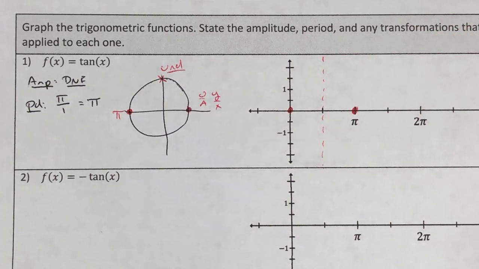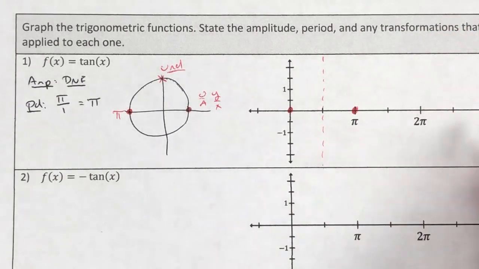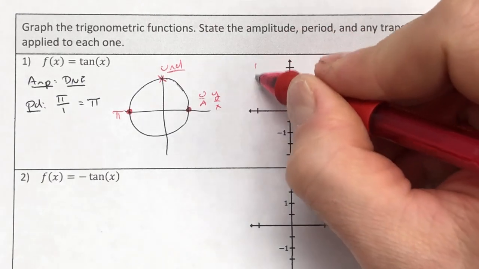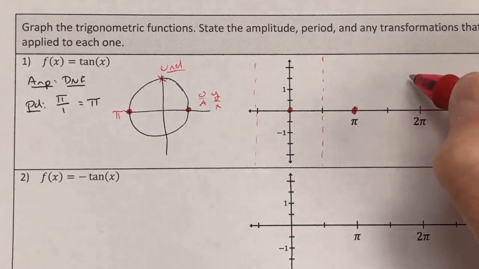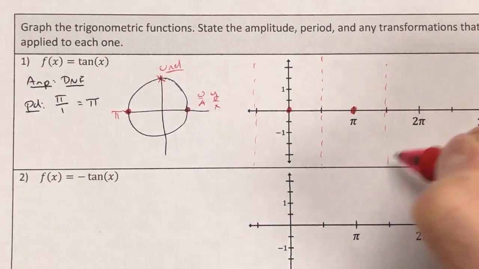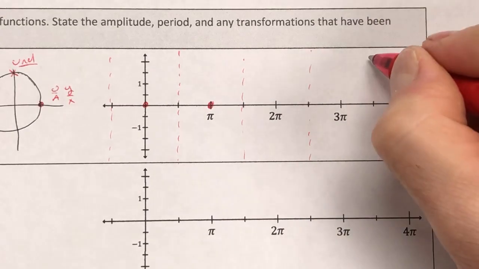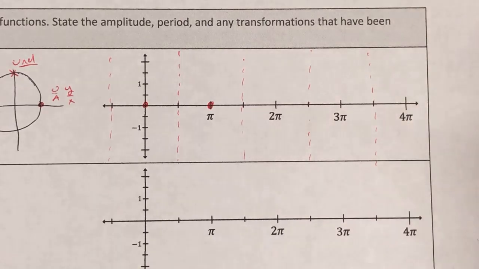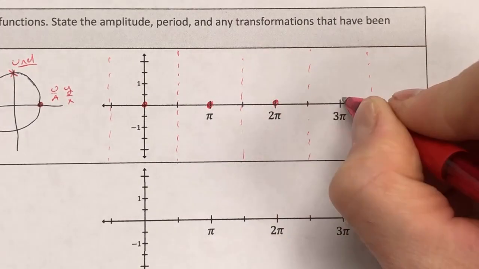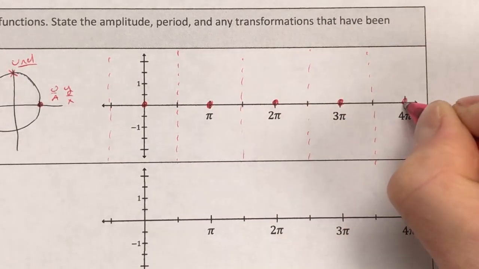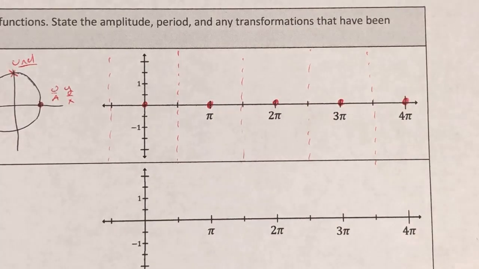So I'm going to crank an asymptote right there. And this is going to be repeated across the entire spectrum of the graph. So I have an asymptote over here, here, here, and across the entire graph. I also know that every pi units, my tangent function repeats. So I have all of these zeros.